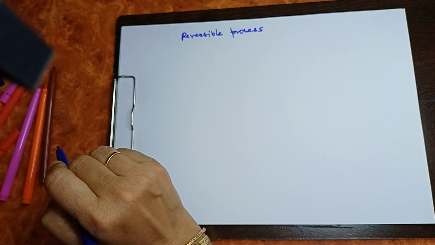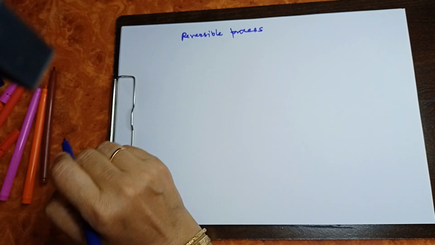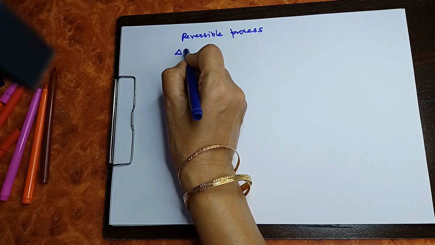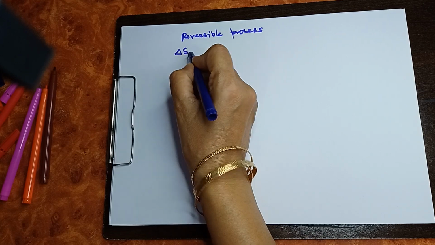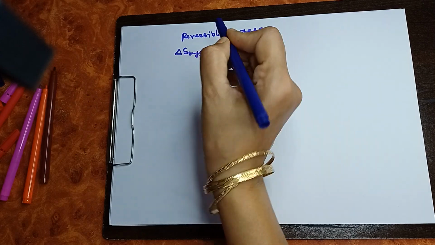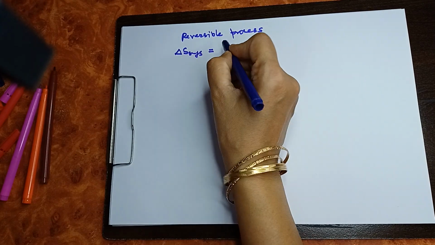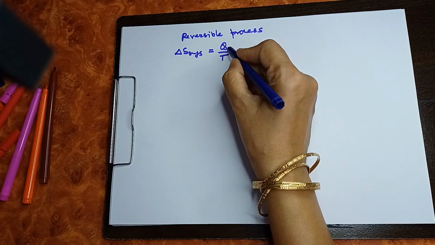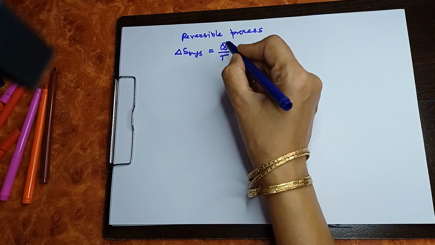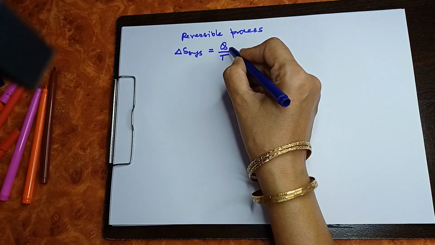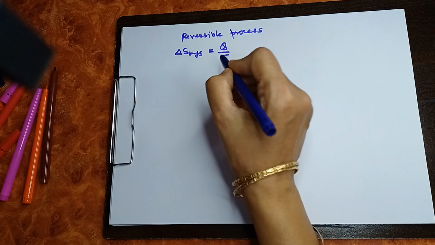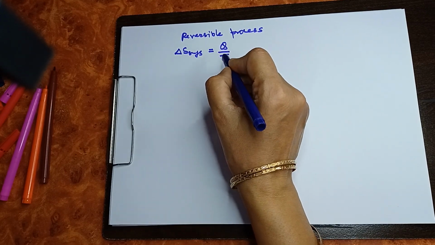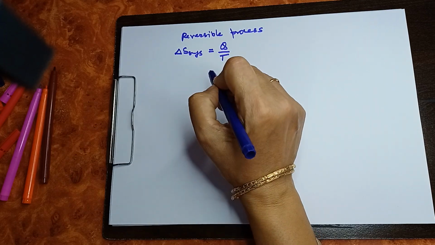Now coming to the entropy change. Entropy change of the system, denoted by delta S, has the formula Q by T. What is Q? Q is the heat absorbed or released, divided by the temperature at which this heat exchange occurs.